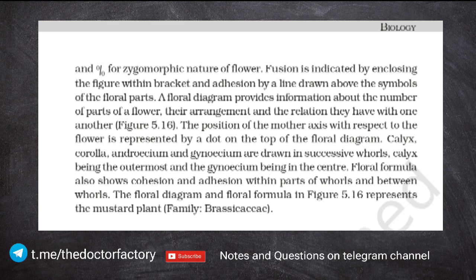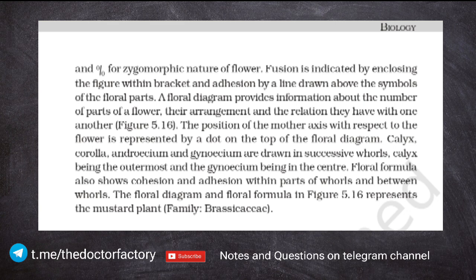Calyx, corolla, androecium and gynoecium are drawn in successive rows, calyx being the outermost and the gynoecium being in the center. Floral formula also shows cohesion and adhesion within parts of a whorl and between whorls. The floral diagram and the floral formula in figure 5.20 represent the mustard plant.